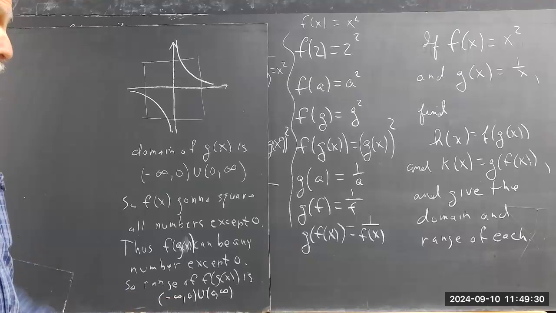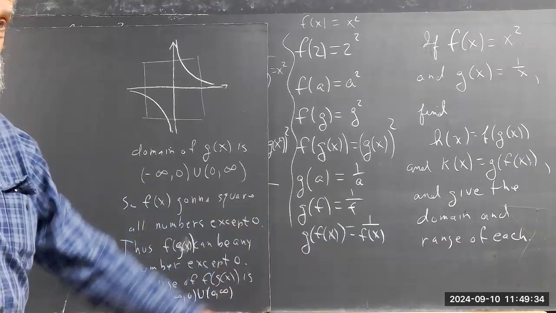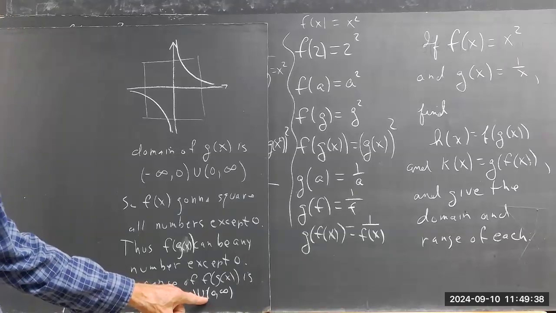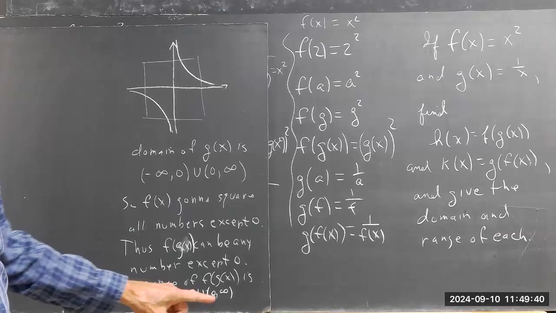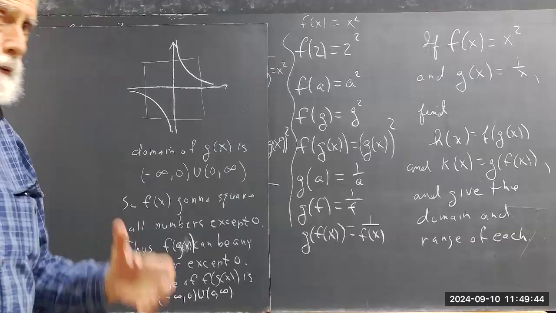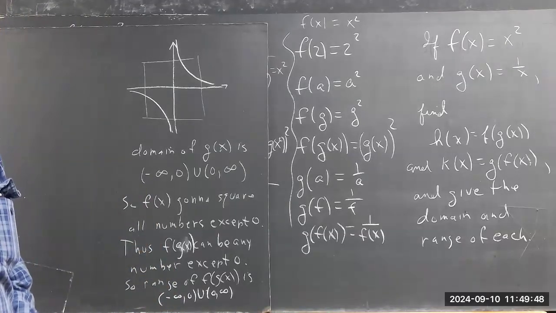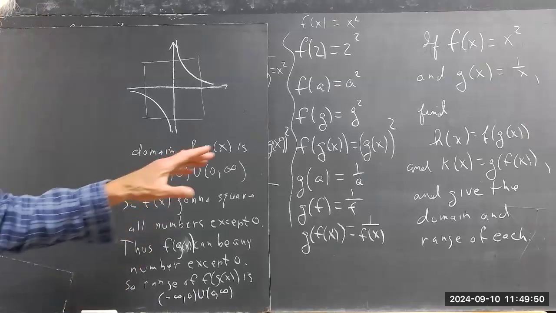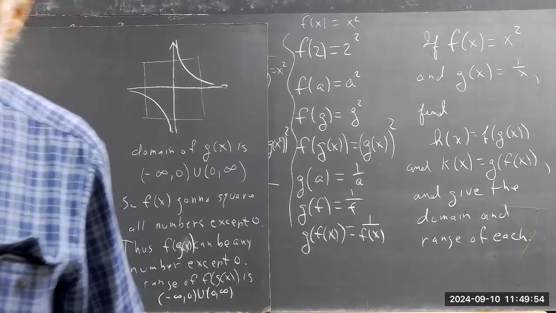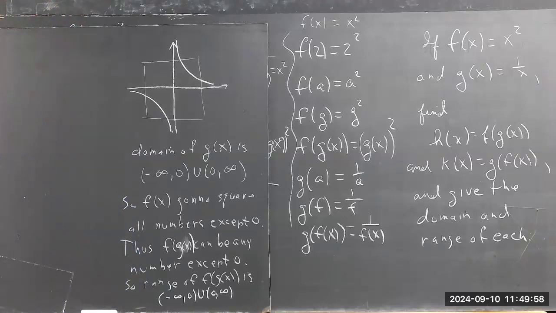Open at infinity because infinity isn't a number, which means you include all numbers forever. And open here because 0 isn't included. Domain and range can be a tricky concept. You want to keep looking at it. It's just one example. We don't have time to do a huge number of examples because we do need to move on and talk about transformations.